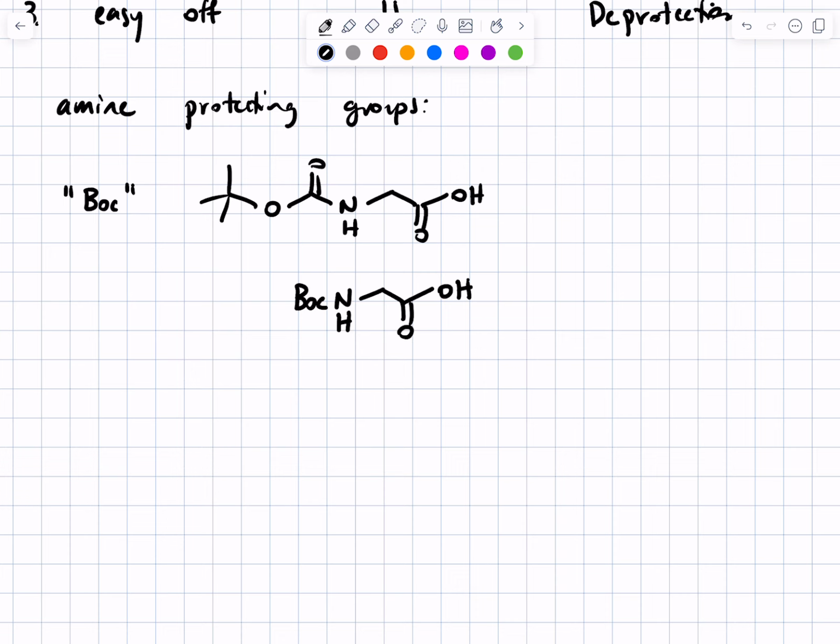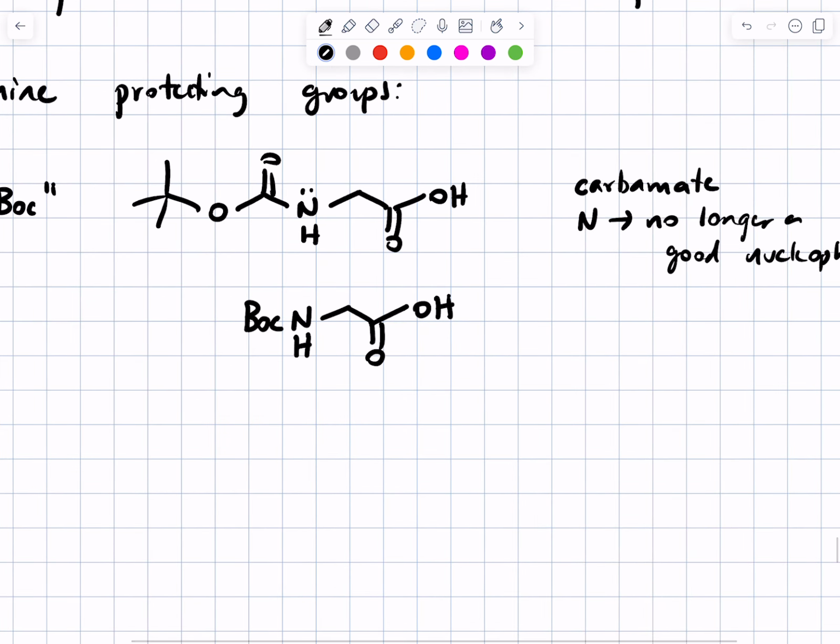This type of protecting group is called a carbamate. And the nitrogen is no longer a good nucleophile. The reason it's no longer a good nucleophile is that it is tied up in resonance with this carbonyl group. And you could imagine that carbonyl group being somewhat electron poor because it's got an electronegative oxygen attached to it.